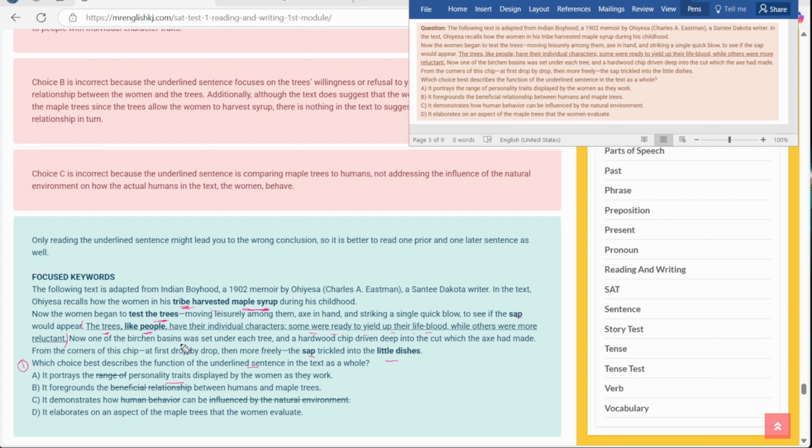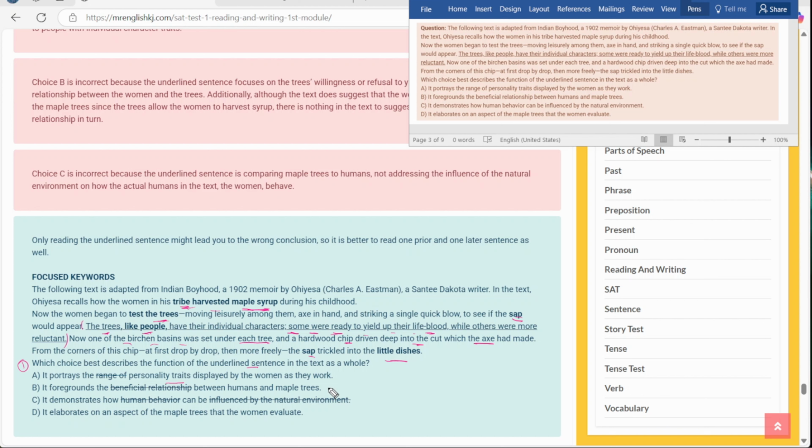And here it is also trees. They are talking about trees like people having their individual character. It is talking about trees here also. Trees' character. Trees. Everywhere you will see it's talking about trees. Okay. So it is not talking about range of personality traits of women. Is it the most suitable choice? No. Wait for the next option. It foregrounds the beneficial relation between humans and maple trees.